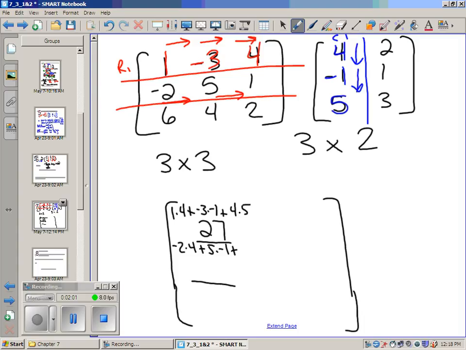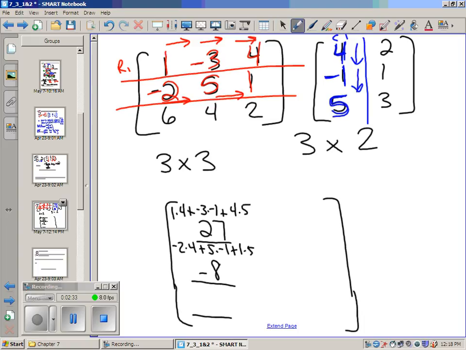Plus 1 times 5. So that time I was in the second row, but staying in the first column. Second row, first column. Now I have negative 8 minus 5 is negative 13, plus 5 is back to negative 8.